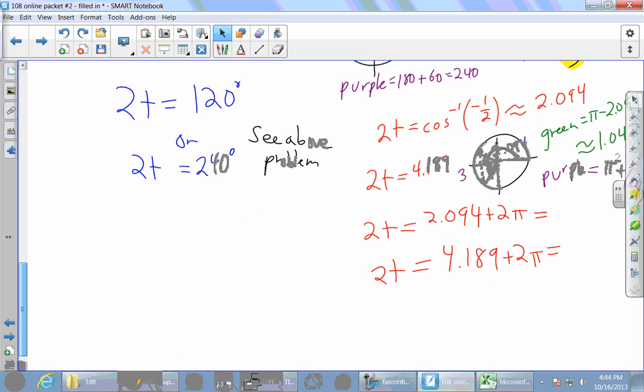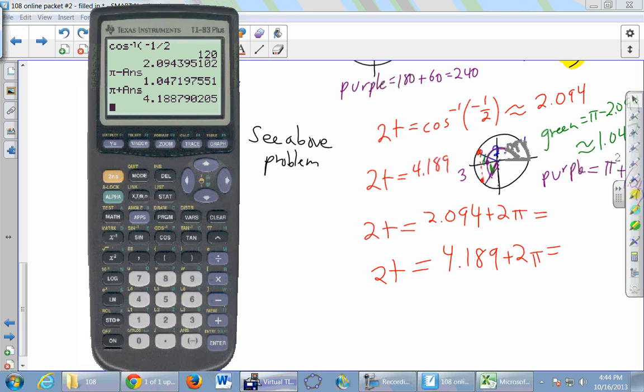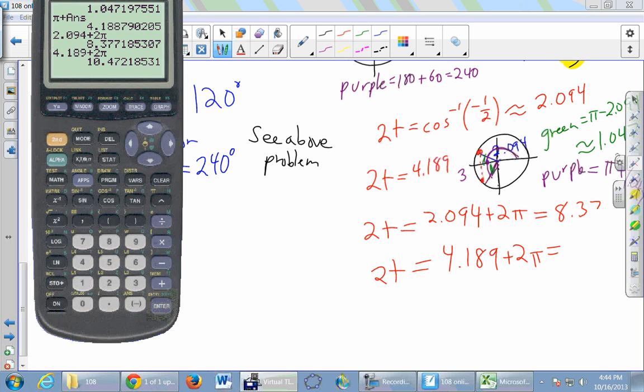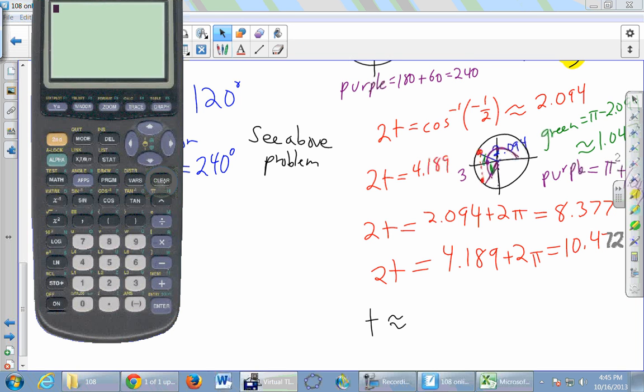Okay, so let's finish this one here and we'll just get the answers. Okay, so I'm going to be lazy and not use all the digits. Plus 2 pi. And then the same thing for the 4.189. Okay, and then we're going to divide each of these numbers by 2. So we get t is approximately equal to, just type each of them in here.